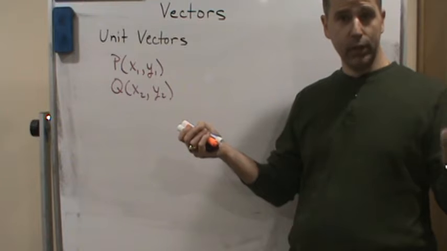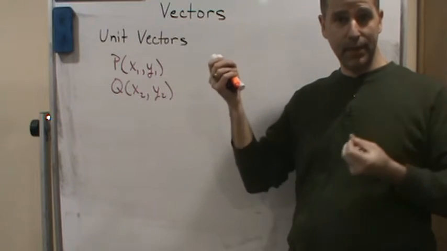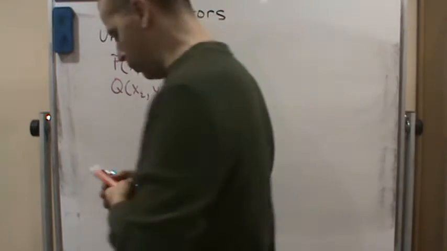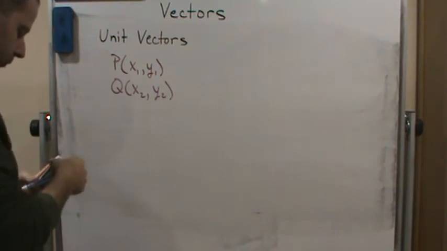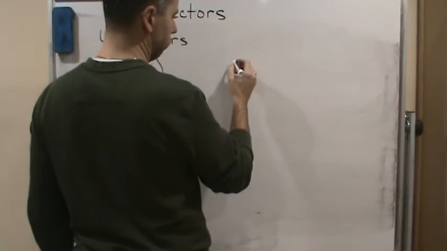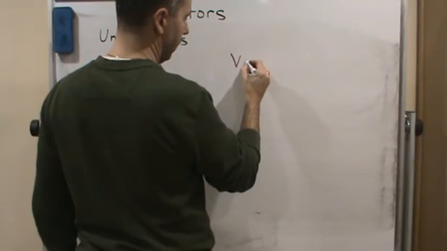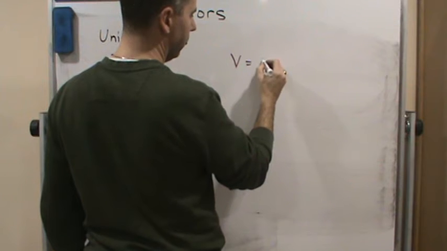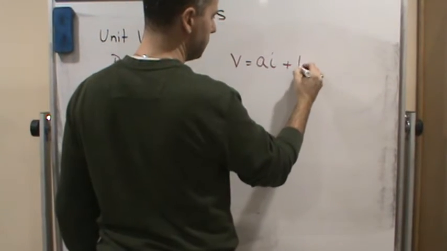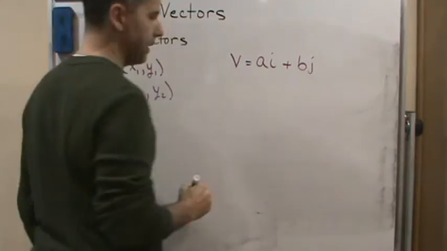So it can be a times i plus b times j. So what I'm getting at is that any vector can be written in the form of a times i plus b times j.